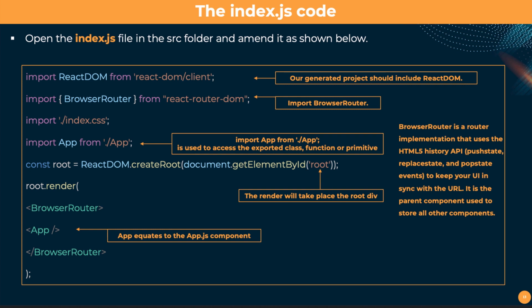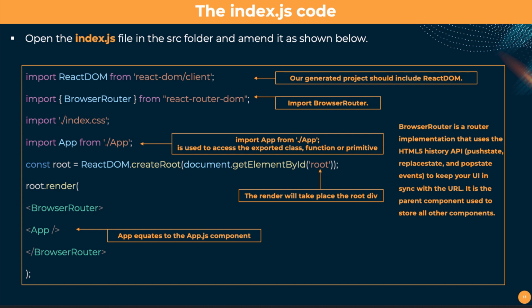Then we want to use routing. So we want to be able to click on a link and it routes us or puts us to a component. And to be able to do that, we can use browser router. So again, just like a library that we can use that does the work for us. We want to import index.css.